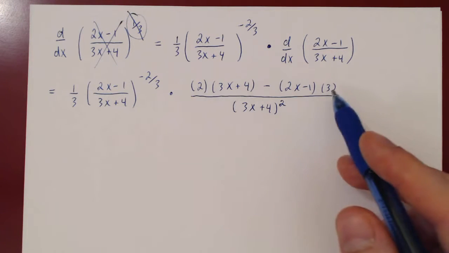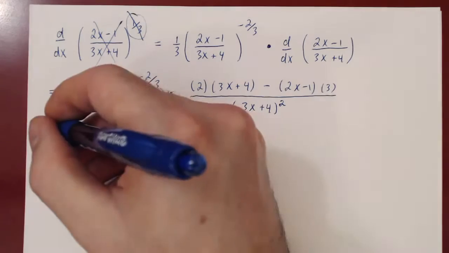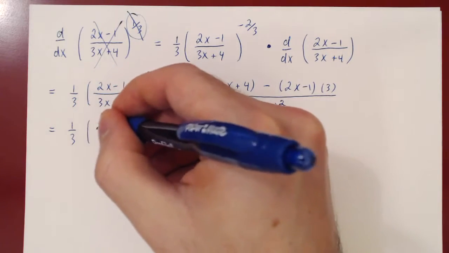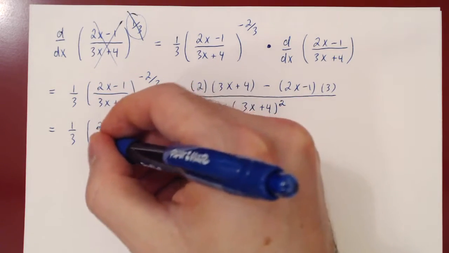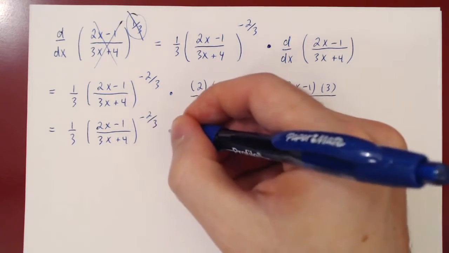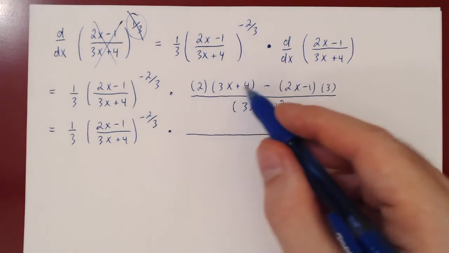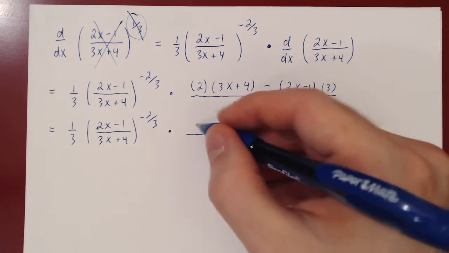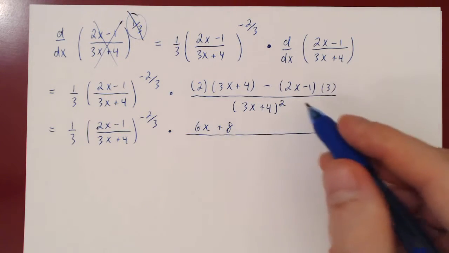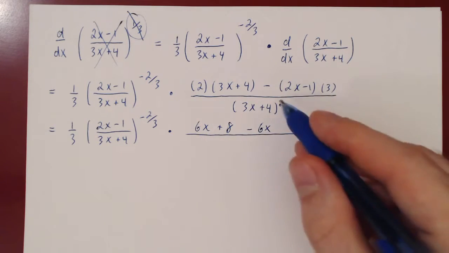We can multiply our numerator and regroup the multiples of x and the constant terms. So we have 1/3 (2x minus 1 over 3x plus 4) to the negative 2/3 times, well, 2 times this will give us 6x plus 8, minus 2x times 3, minus 6x.